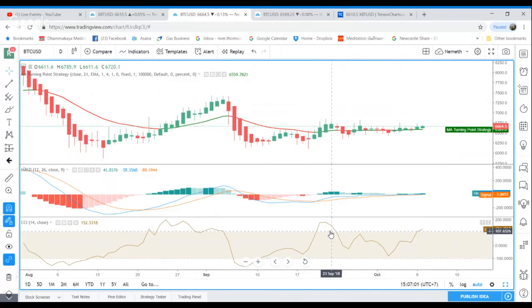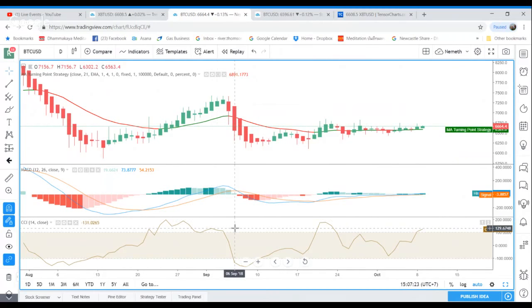So for example, he would take this as his long trade. He would take basically around here as a long and closing it around here, which is not a bad trade, to be fair, if you were just trading on that basis alone.